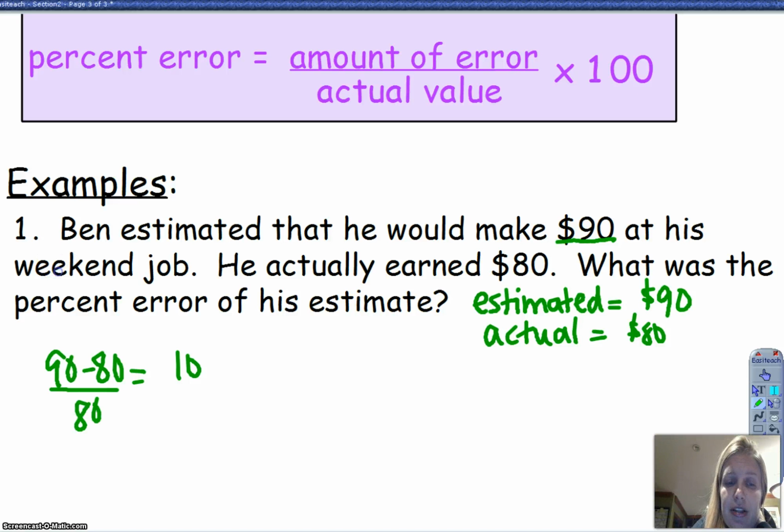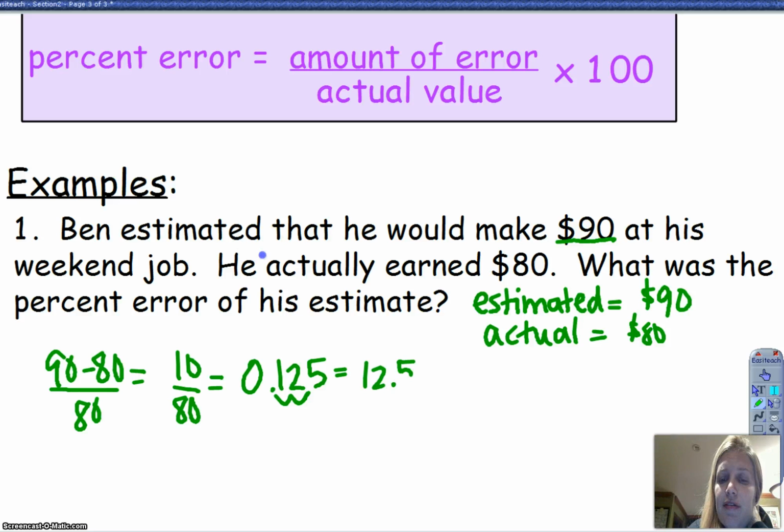It was supposed to be $80, so over $80. You're going to divide the 2 and multiply it by 100. So I get 0.125. Move it over 2, or multiply by 100, and you get 12.5%. So he was off by about 12.5%.